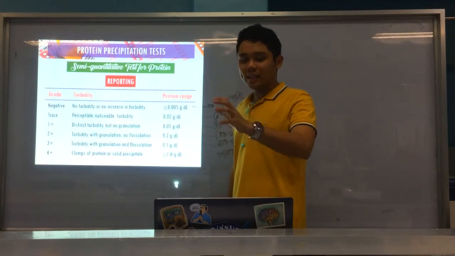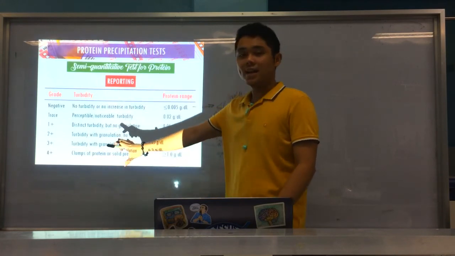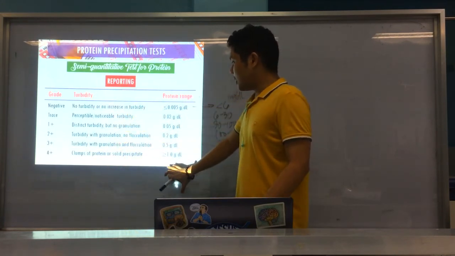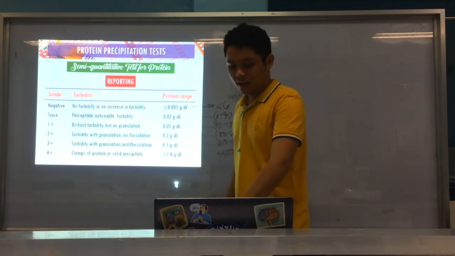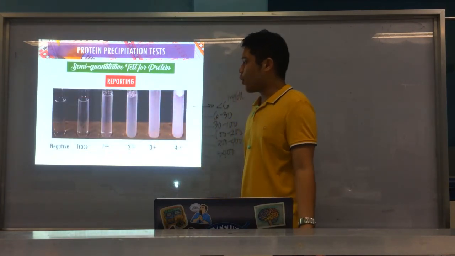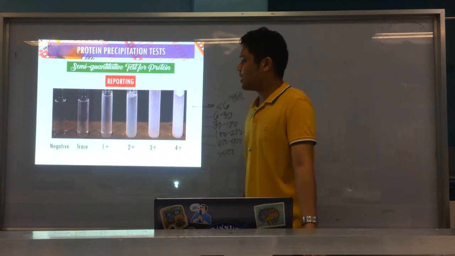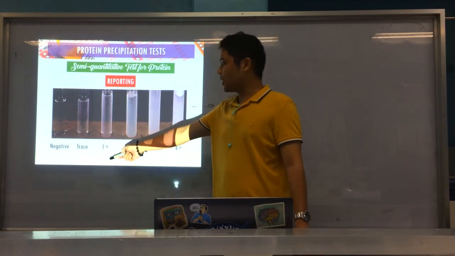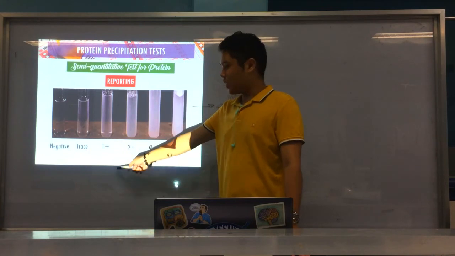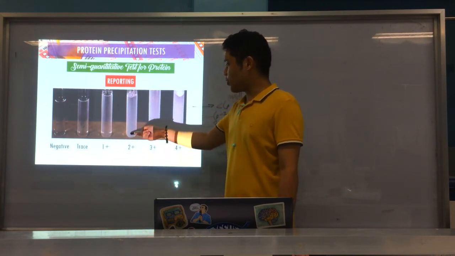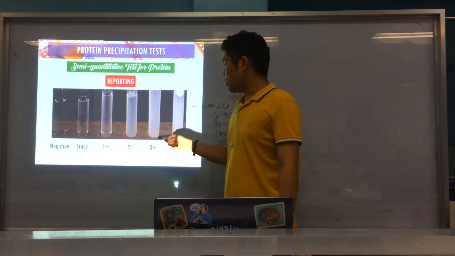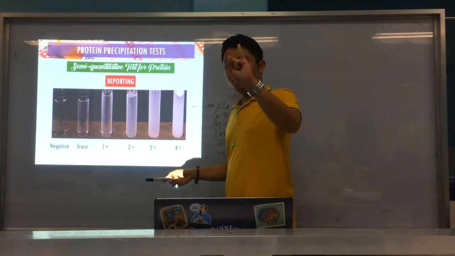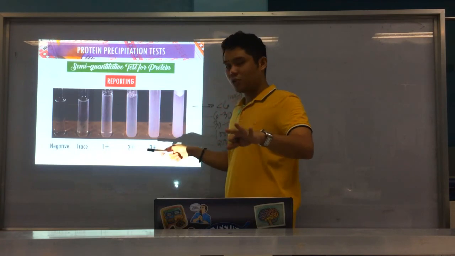So, again, semi-quantitative. When you say semi-quantitative, there is a grading, and it is also equivalent to concentrations of protein. Alright? Okay. And this is an example of a result in SSA. So, negative, trace, 1 plus. In 1 plus, only turbidity, alright? 2 plus, turbidity and granulation, but no flocculation. 3 plus has flocculation, right? It has turbidity, granulation, and flocculation, alright?